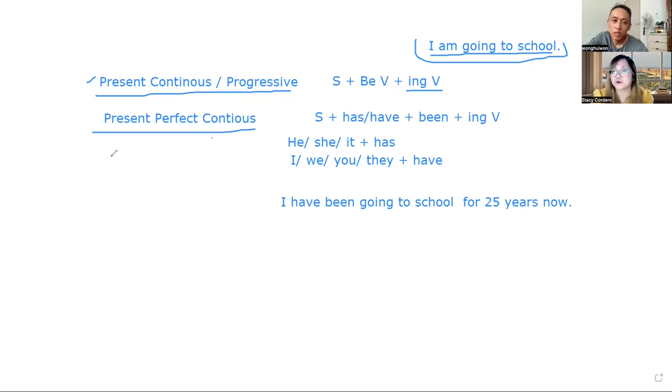When we use present perfect continuous, let me put a timeline here. Let's mark this as past, this is present, and then this is future. Okay.